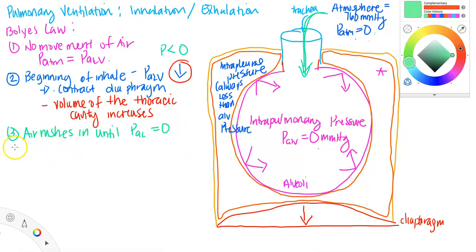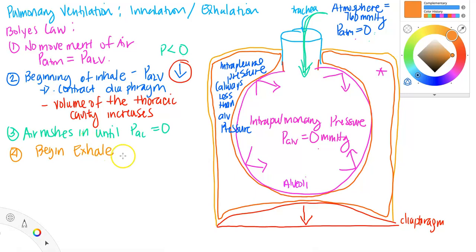All right, so 4. Once we inhale and the pressure gets equal again, 0 and 0, then you begin your exhale. So for just a moment, there is no movement. There is no movement before you inhale, and when you get to the top of it and the pressure's equal again at 0, there is no movement.